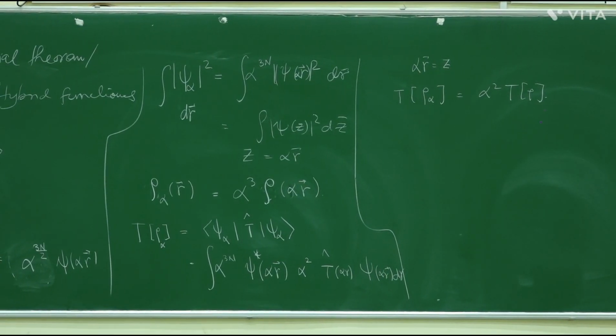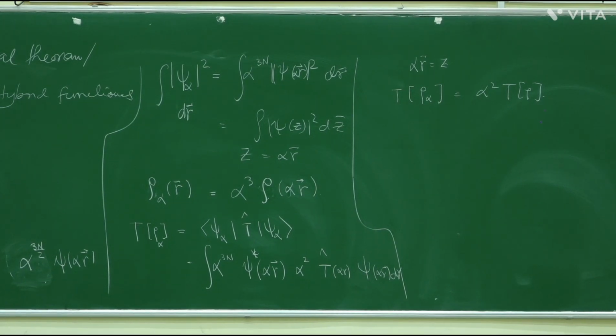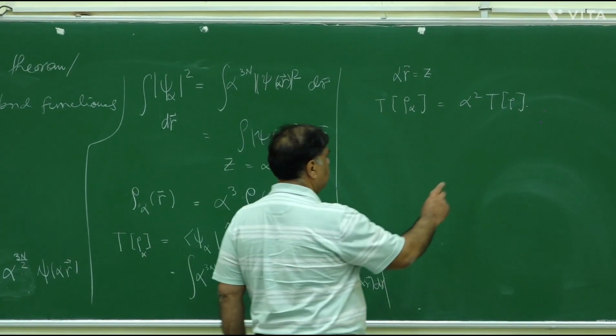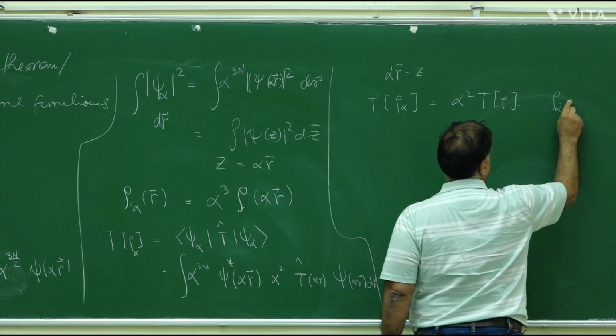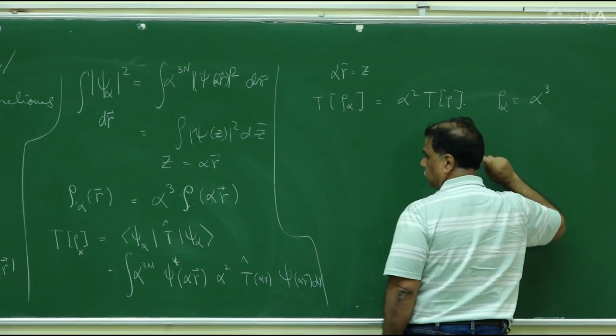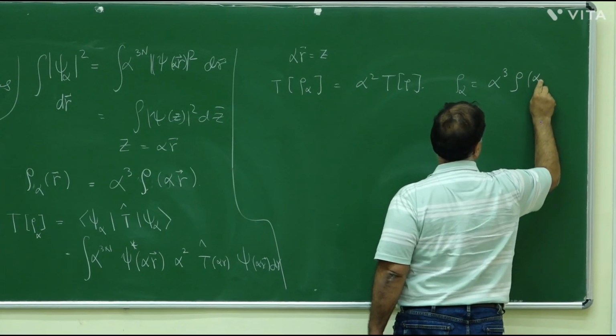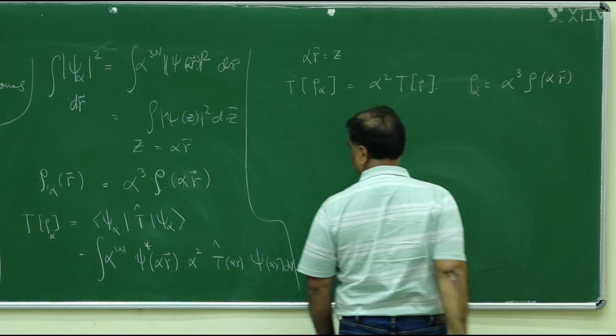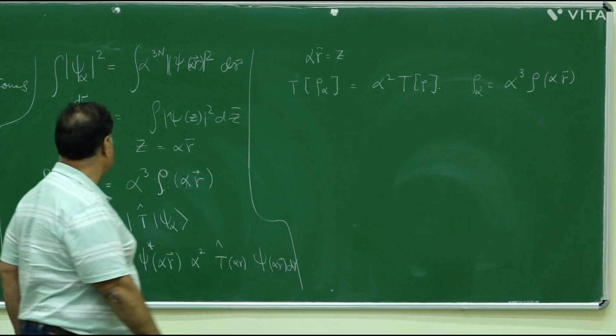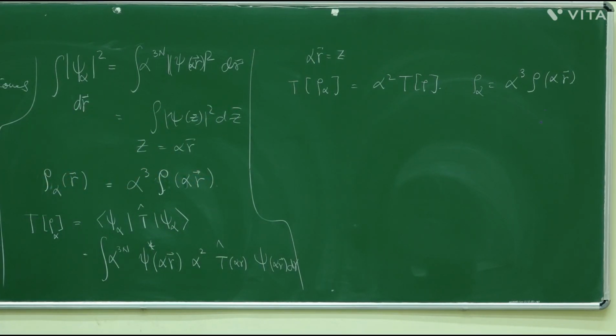Right, so if you construct a kinetic energy functional, you should be able to check right away that this is how it's going to scale. And where E rho alpha is defined as alpha cubed rho alpha. Is that okay?